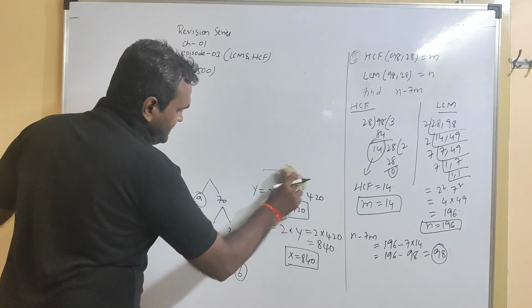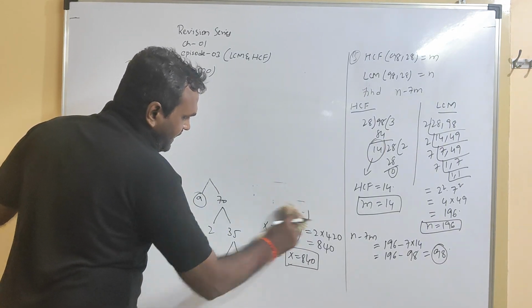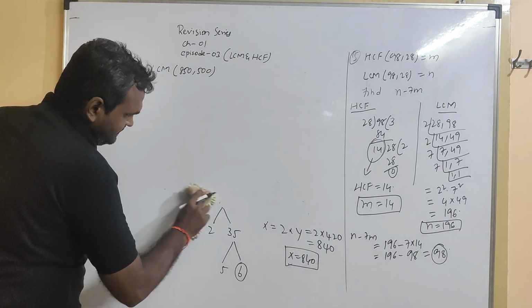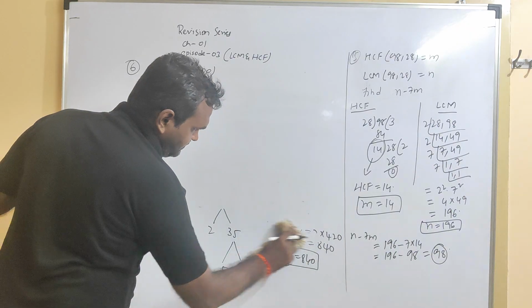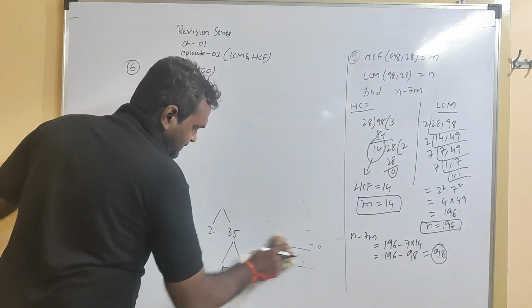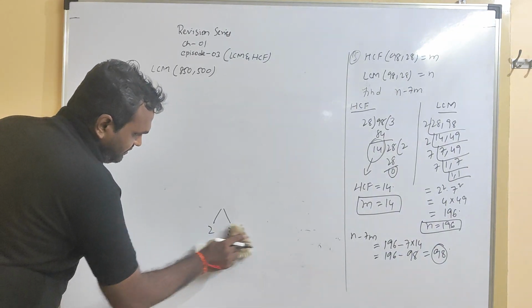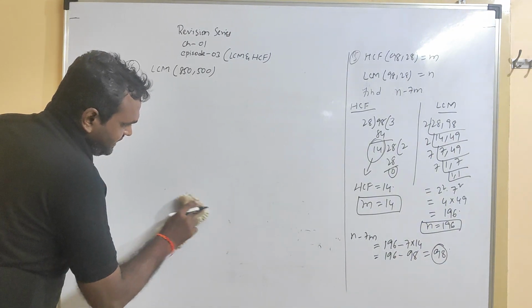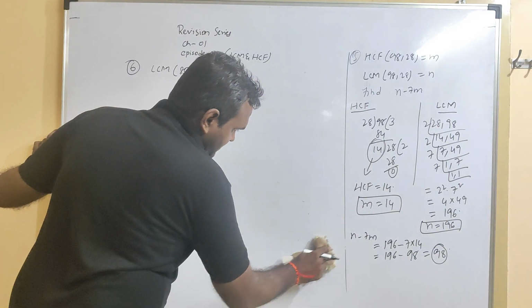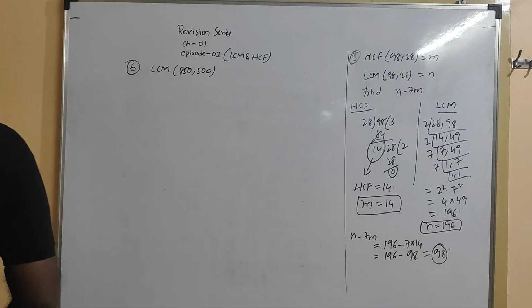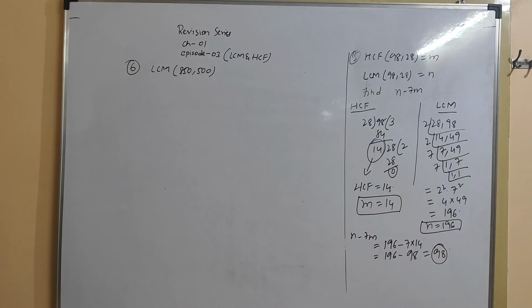So try doing the LCM of 850 and 500 and tell me what the answer will be. Comment the answer. What is that? Tell me what will be the answer.